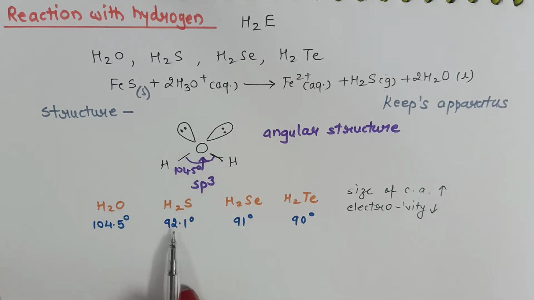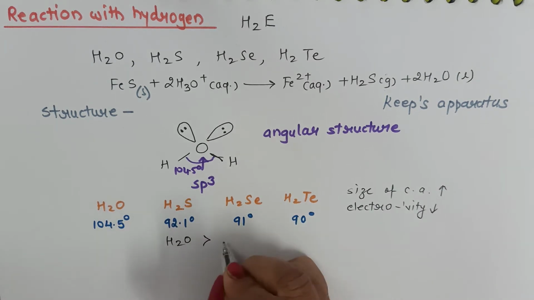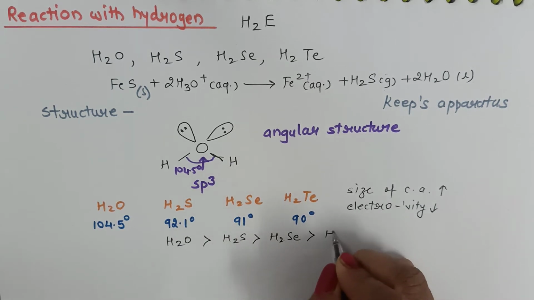As a result, there is a decrease in bond angle. If we look at the order, H2O has the highest bond angle as compared to other hydrides.